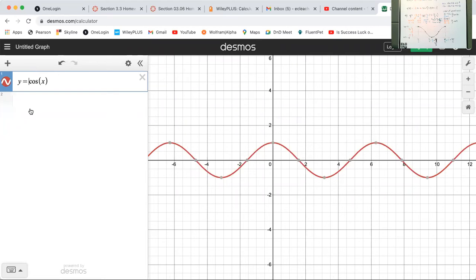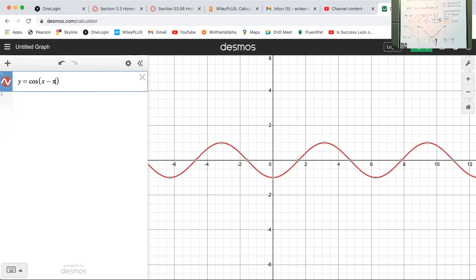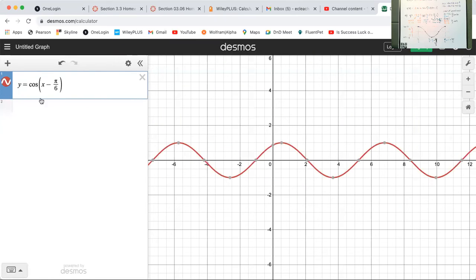One of the things that we did with the cosine of x is we subtracted pi over 6. So now the top happens at pi over 6. The middle happens a quarter later. The bottom, the middle, and then the top happens at 13 pi over 6. Oh, because the period is still 2 pi.